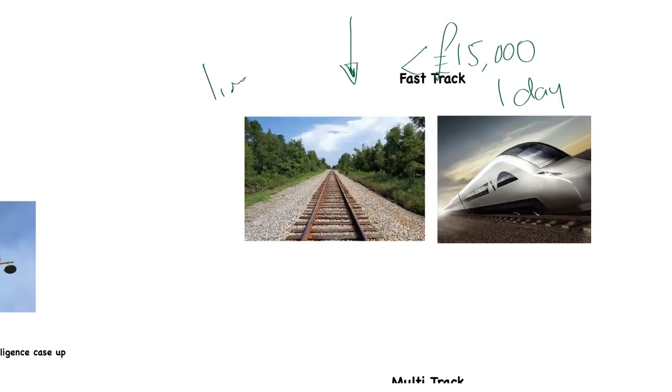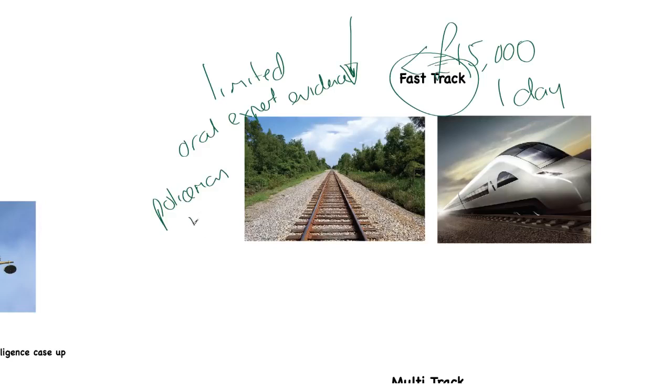There will be limited oral expert evidence. So in the case of my car, if my car was written off and it was brand new, then it might make it to the fast track. And the limited oral expert might be the police officer who attended the scene maybe, and the garage mechanic. So not a hugely complex set of experts to be able to give evidence.